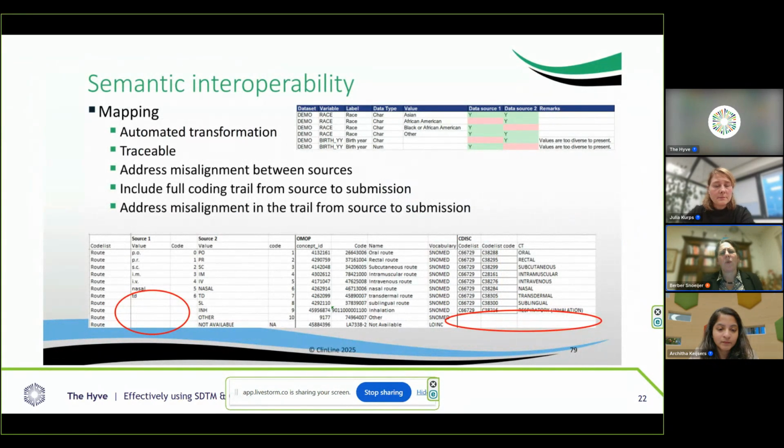So what is also a good point to note is the semantic interoperability. So going from the different coding systems, I already mentioned the medications and the indications, the events. But also other code lists like the route of administration were sometimes quite different. If you have different sources, like you see here in this slide, it could be that some values are available in one source and not in the other source.